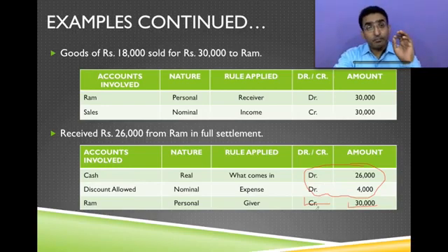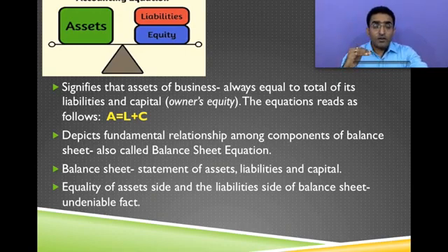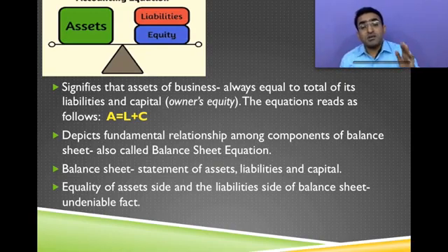Now this is the basic idea of accounting equation, and that is the basic transaction framework on which we always move on with the recording process. It shows the fundamental relationship between assets, capital, and liabilities.